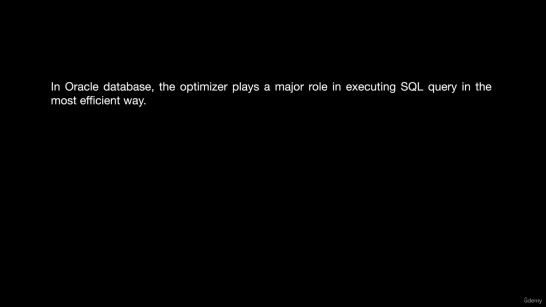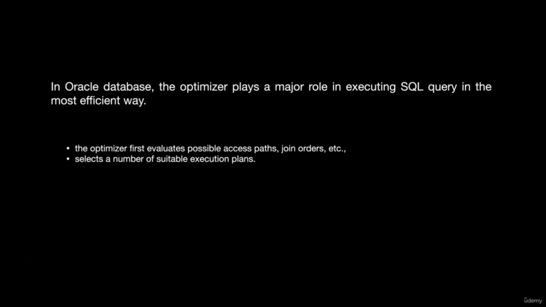In Oracle database, the optimizer plays a major role in executing SQL queries in the most efficient way. To develop the best execution plan for any SQL query, the optimizer first evaluates possible access paths, join orders, etc., and selects a number of suitable execution plans.